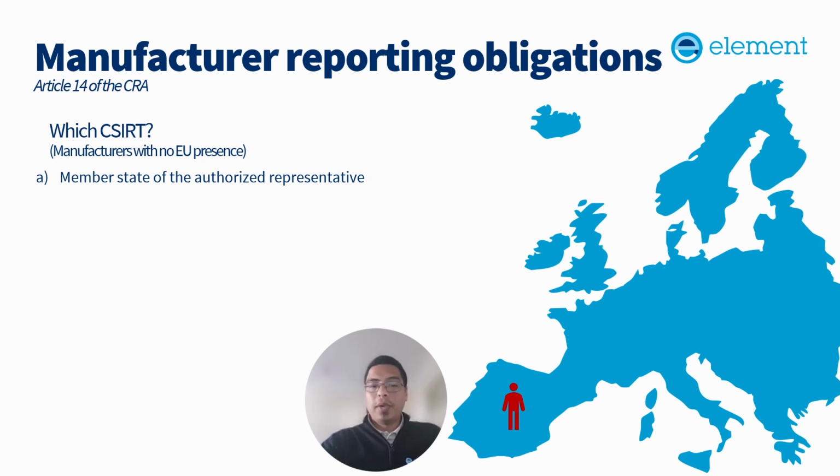So, if you have an authorized representative, then it's quite straightforward. The member state of the authorized representative is the one whose CSIRT reports are made to. Of course, it is not mandatory to have an authorized representative under the CRA.